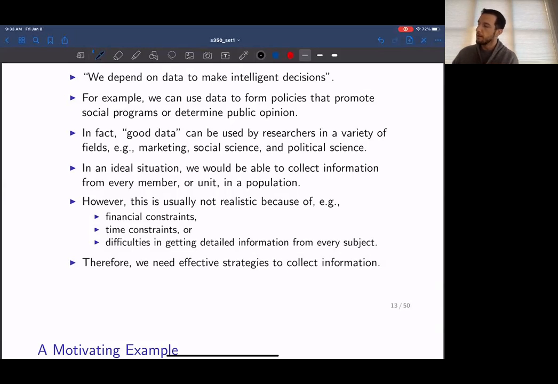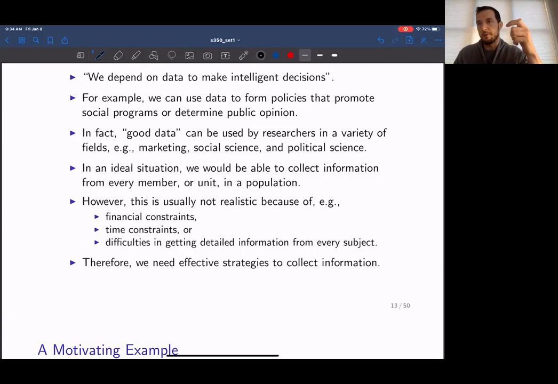Okay, so ideally, we're going to be able to collect information from a representative sample. That is the goal whenever we start off an experiment and we want to collect information. We want our sample to be representative, which means we need to properly define the target population, and then we need to sample units from that target population.